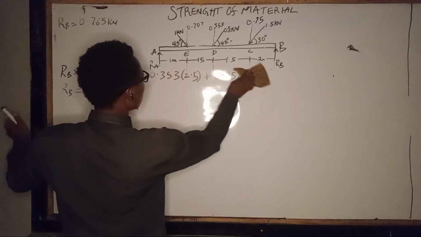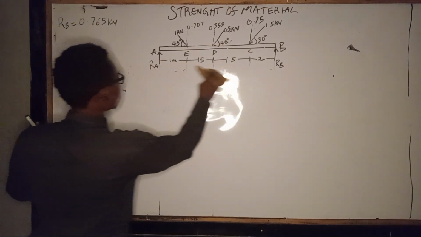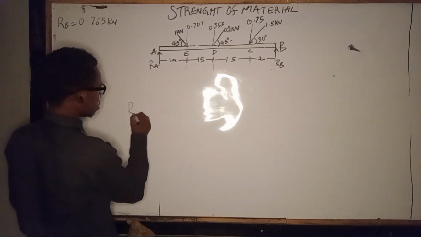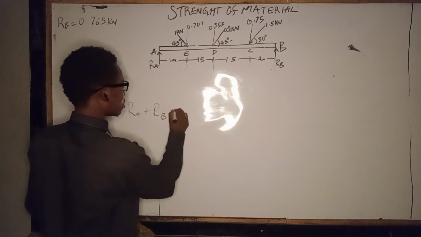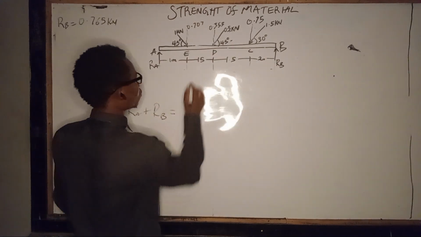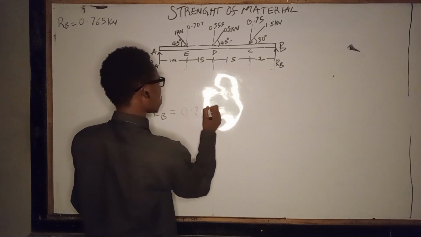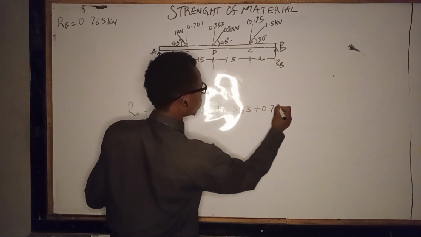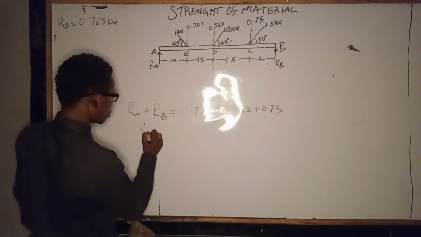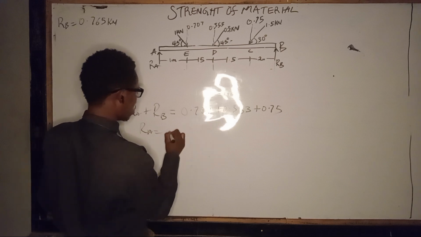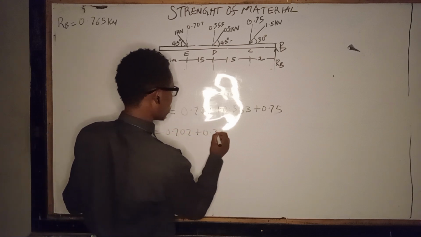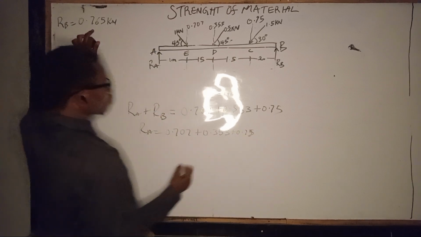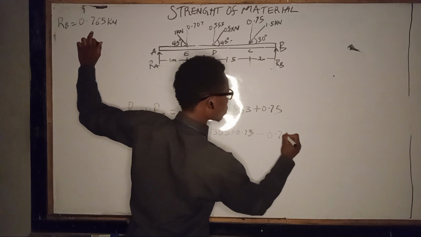That's our RB. And now to our reaction at A, we know that RA plus RB is equal to the total amount of shearing force. The total amount of shearing force is 0.707 plus 0.353 plus 0.75. So therefore we have our RA to be equal to 0.707 plus 0.353 plus 0.75 minus the RB, which is 0.765.